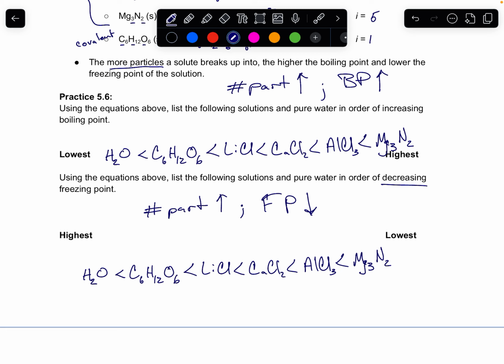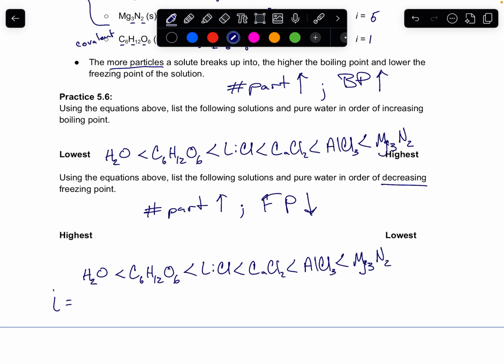Okay, so pay attention to the wording on here. Right? If it had said in order of increasing freezing point, the order is going to be the same, just it's going to be flipped, right? Because the magnesium nitride has the lowest freezing point, and then as I decrease that I value, my freezing point is going to be increasing.